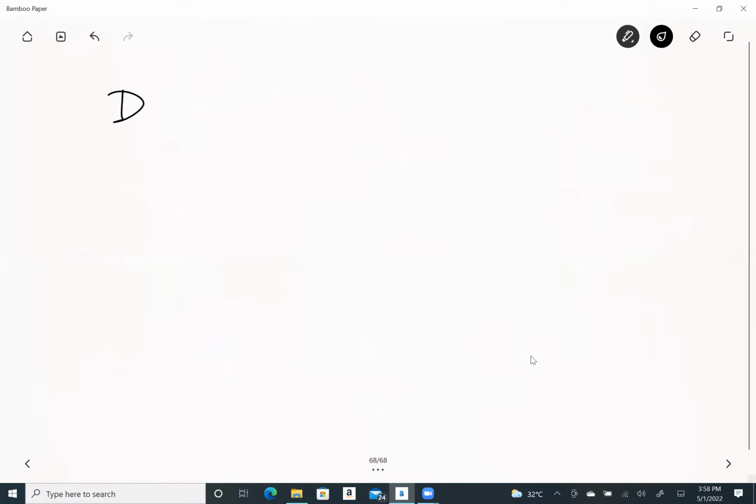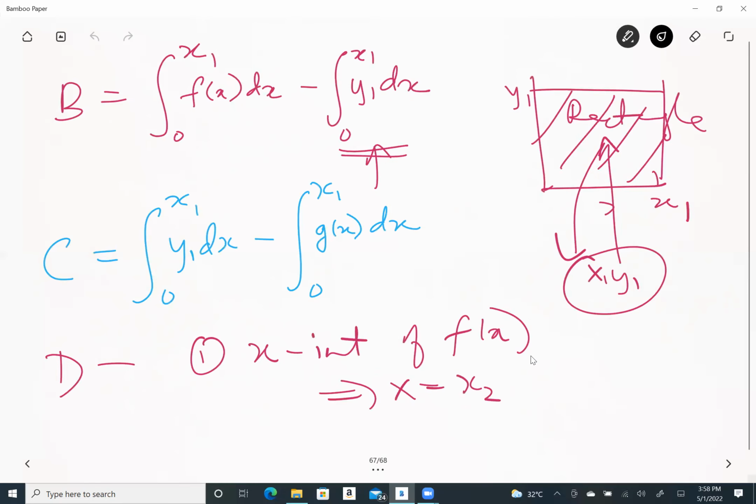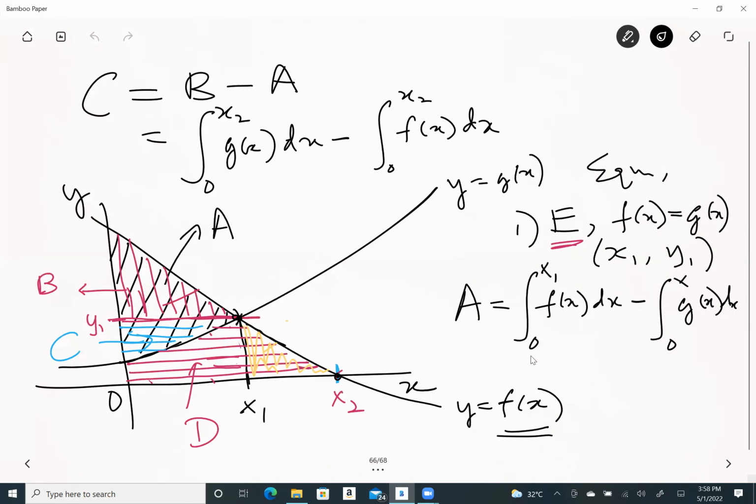Okay, you want area D. So you have to take care of the area under f of x minus A. Minus A, that's right, area A we have already got. And then what you will get will be that triangle, but you need to find that portion.